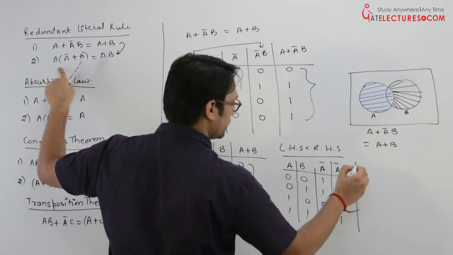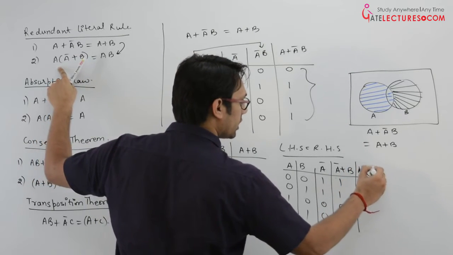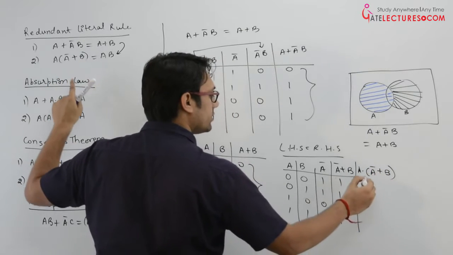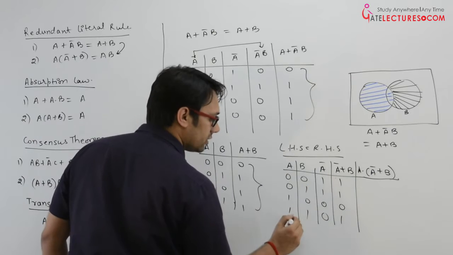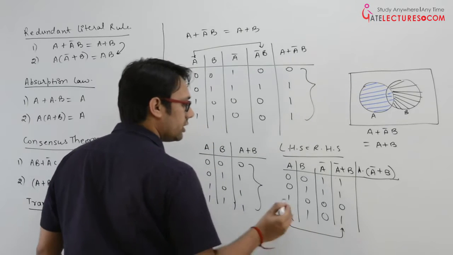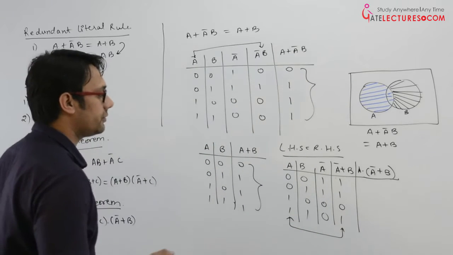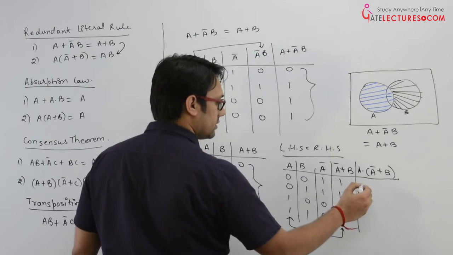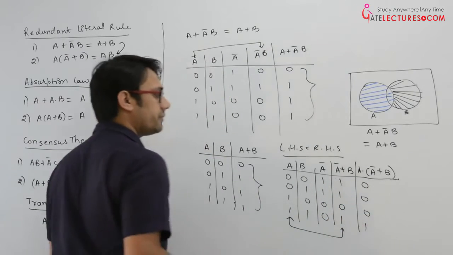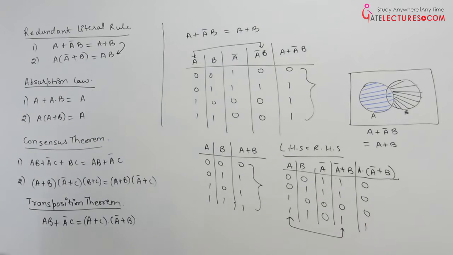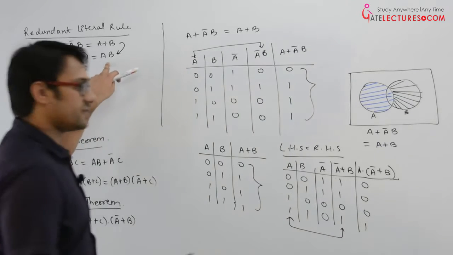And then what is A dot (A complement plus B), right? So you have to make AND between these two, and between these two, okay? So AND will be 0, 0, 0, 1, right? And let us try to find AB. What is AB?